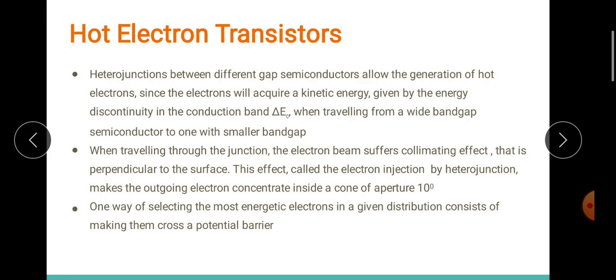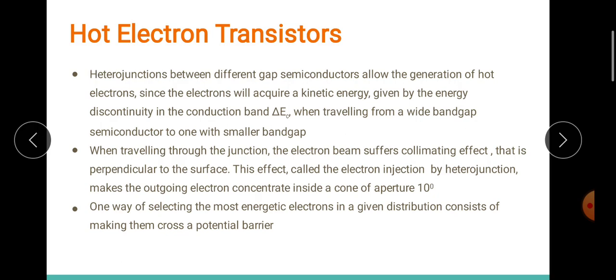That is one method. Another method to find or inject hot electrons is by forming thin potential barriers in the conduction band, and we allow electron tunneling. Now in this case, whatever electron beam we get is monochromatic in nature, single color.